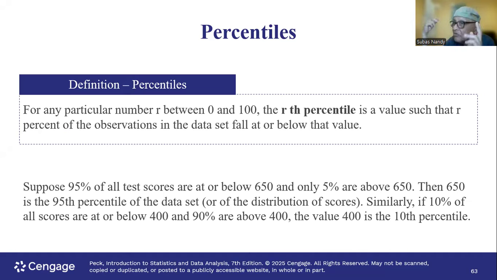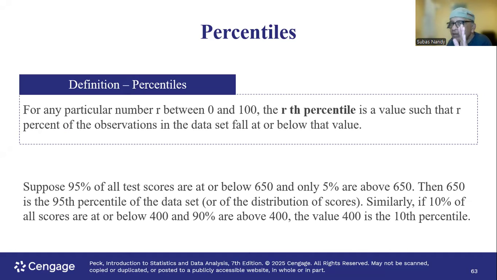So, bottom line, a percentile gives you the percent of the entire data set below that particular number. For any number r between 0 and 100, the rth percentile is the value such that r% of the observations in the data set fall at or below that value.